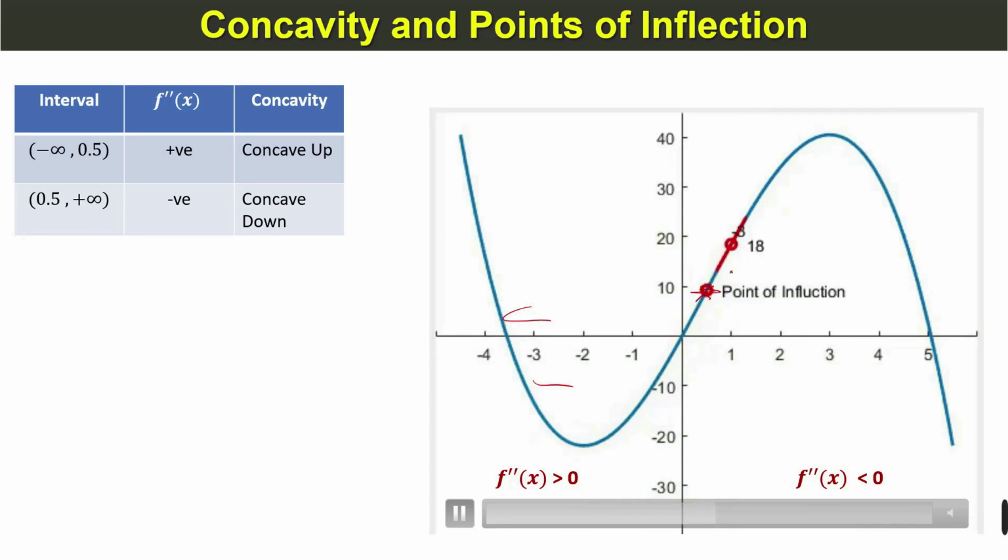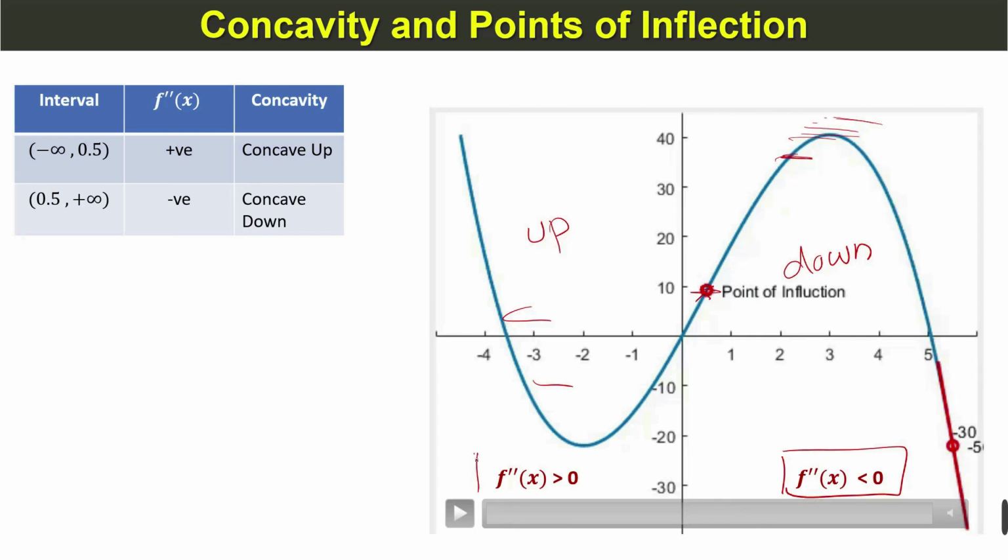After the point of inflection, the second derivative of the function is negative, which means the function is concave down. So here the function is concave up, and here the function is concave down, and in this interval the second derivative is negative, and in this interval the second derivative is positive.